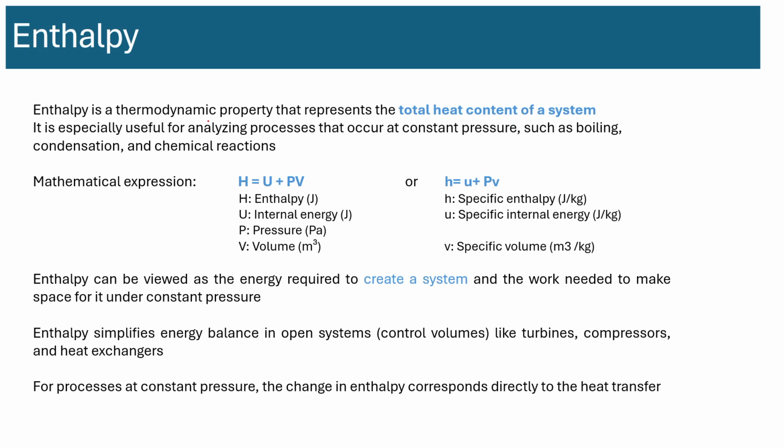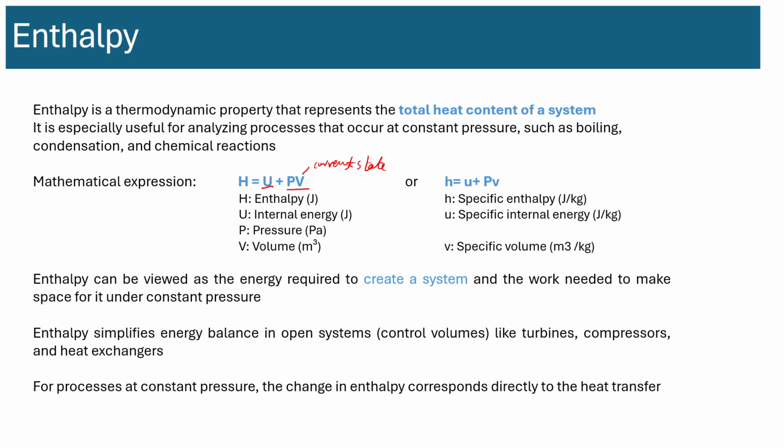In terms of enthalpy, it's internal energy plus the pressure and volume of the system in its current state. If you have the pressure and volume, multiply pressure with volume in its current state.